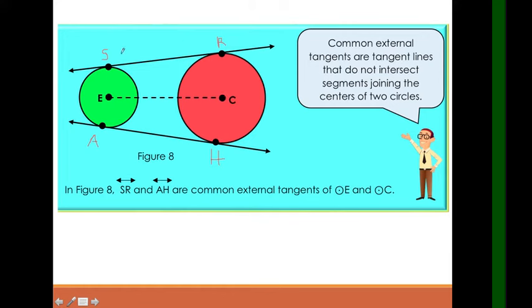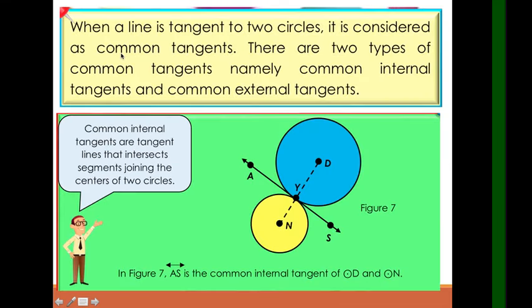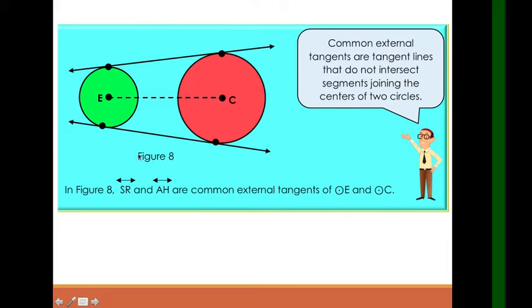So again, magkaiba ang common external tangent sa common internal tangent. Okay? So maging familiar na lang kayo. Usually, pag common internal, isang tangent line lang yung makikita natin. Unlike here, dalawang tangent lines ang makikita natin sa dalawang circles.